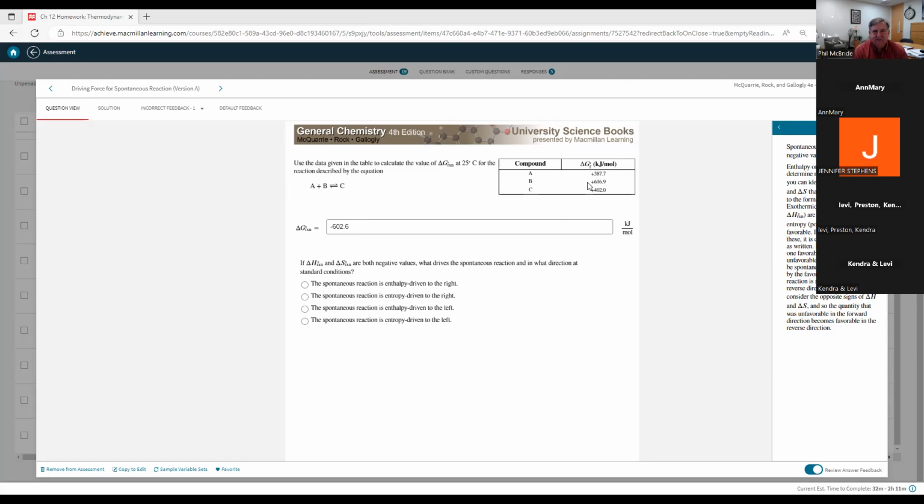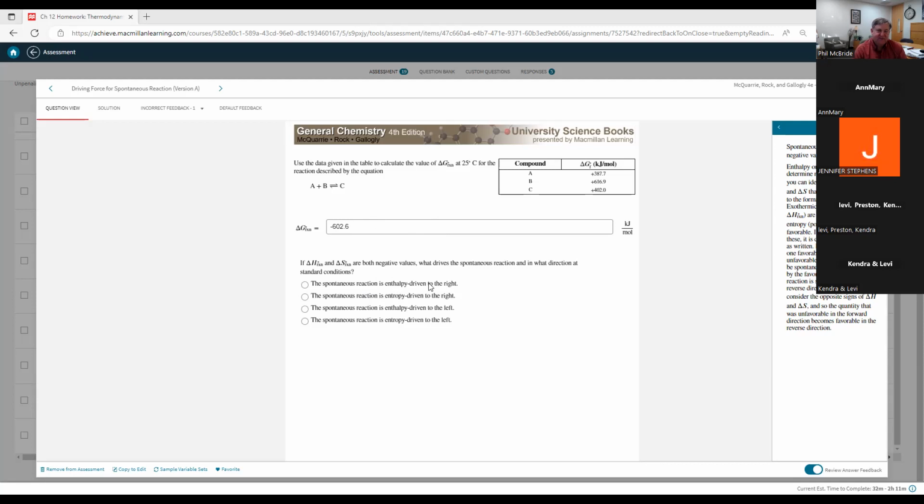Yeah. So maybe you're thinking of equilibrium constant. So delta G, we want it to be negative if it's spontaneous. Delta H will be negative if it's enthalpy driven.